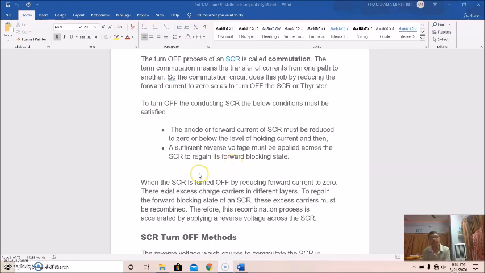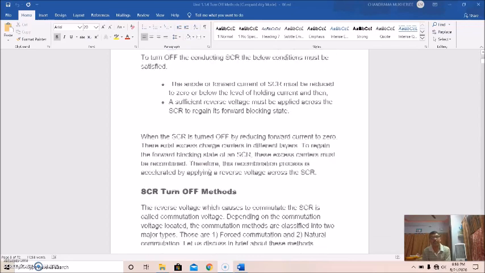Once again I am repeating it: the anode or forward current of the SCR must be reduced to zero or below the level of holding current, and next a sufficient reverse voltage must be applied across the thyristor to regain its forward blocking state.